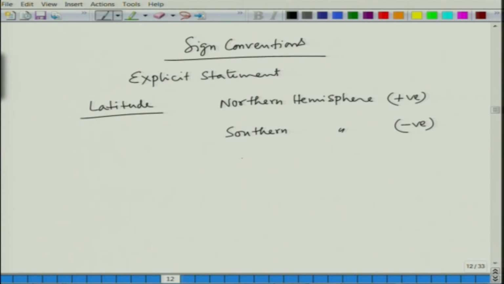Now, what can be the values? So, this L can be minus 90 degree to plus 90 degree. Okay. So, when L is minus 90 degree, that means you are at the south pole. Okay.